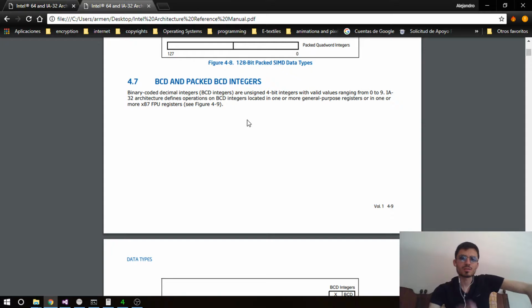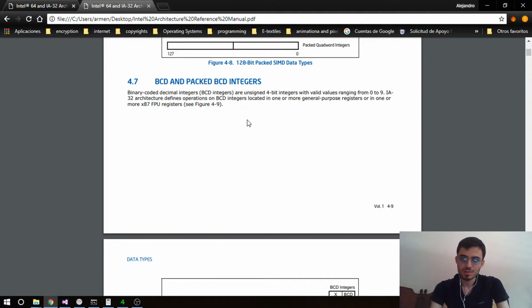Binary coded decimal and packed binary coded decimal integers are 4-bit integers. That means it's half a byte, with values ranging from 0 to 9.